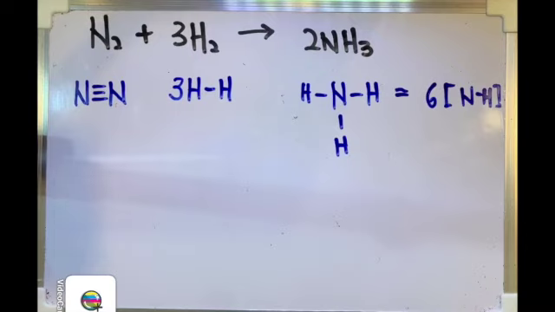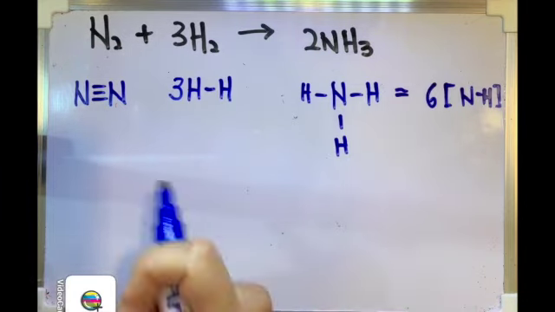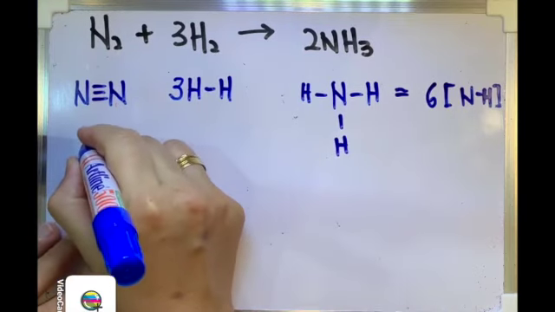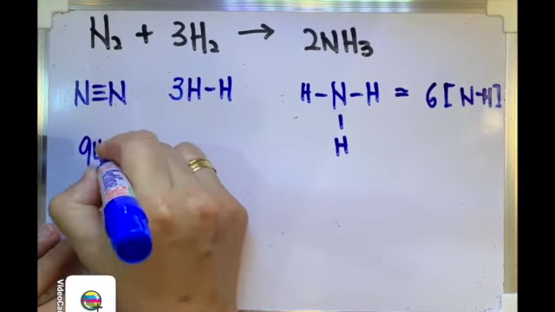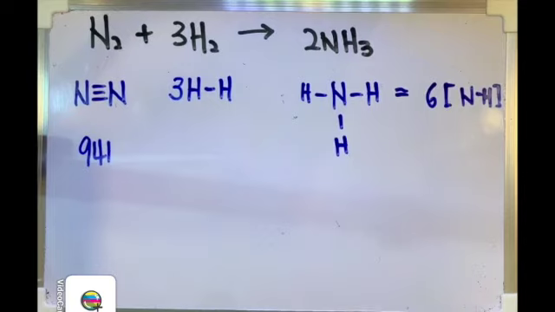After we have identified all the covalent bonds involved in the structural formulas for both reactants and product, step number 2, we are going to identify the bond energy for each of these covalent bonds from the bond energy chart provided just now. Starting with nitrogen gas, each nitrogen triple bond contains 941 kilojoules of energy.